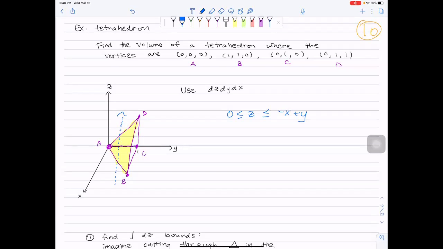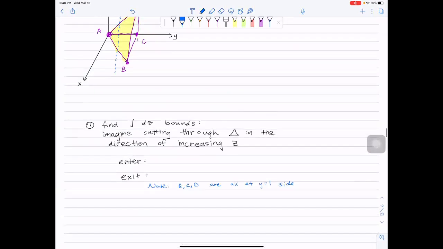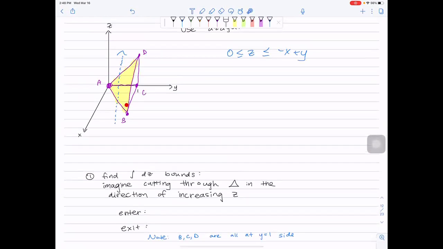Okay, now that we have our z direction, the next step is we collapse the whole 3D shape. Think about looking at this from a bird's eye view and you just see its shadow. If you look at it from the top, the shadow that you see is just this green highlighted triangle.